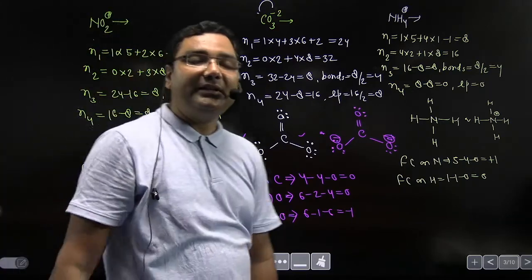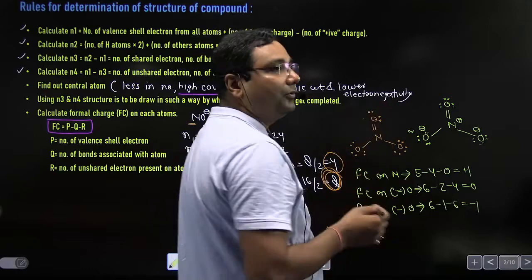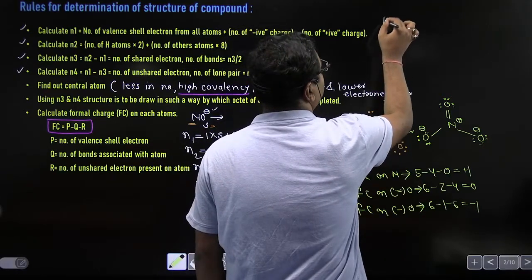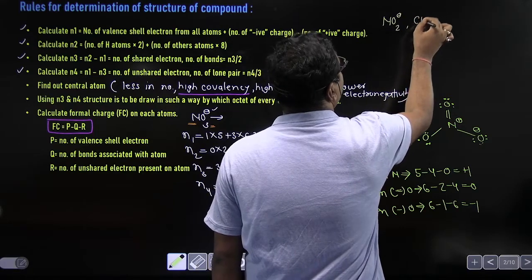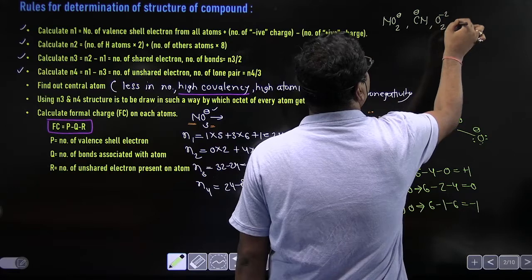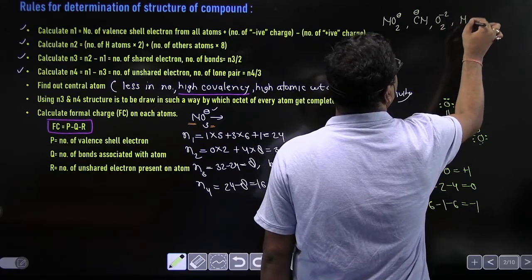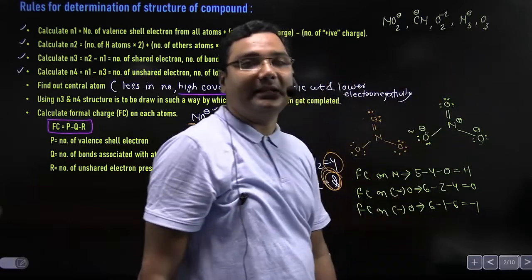Now by using this rule, you have to draw the structure of some molecules. Suppose you have to find the structure of NO2 minus, CN minus, O2 minus 2, N3 minus, O3. O3 means ozone, N3 minus is azide.